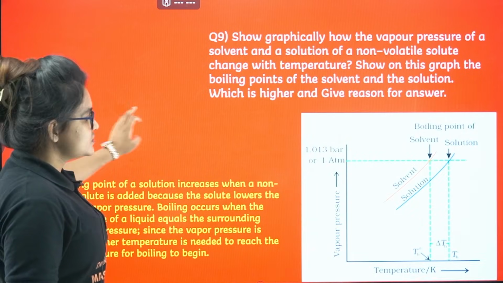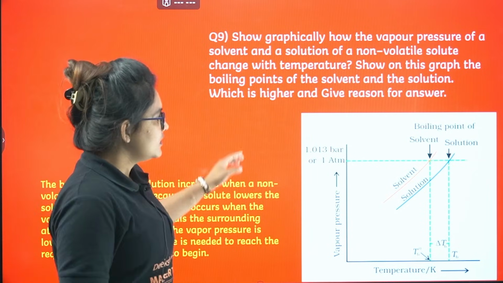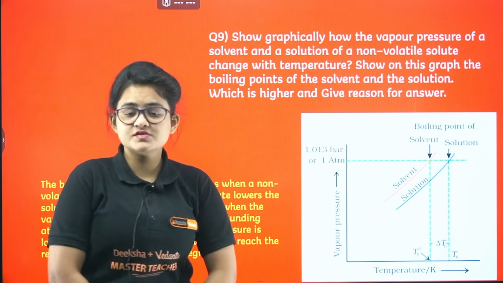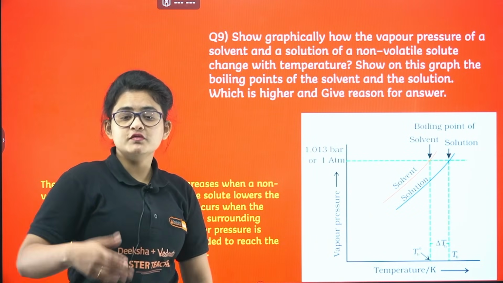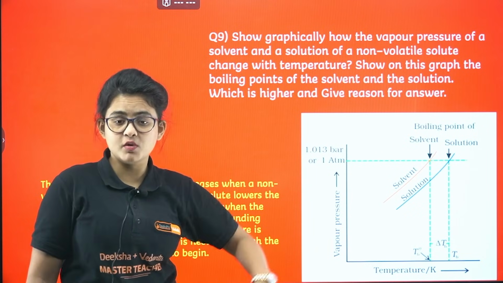Okay, so for this case, this is nothing but the elevation in boiling point graph. Basically what happens whenever you put a non-volatile solute in a volatile solvent, there occurs elevation in boiling point.